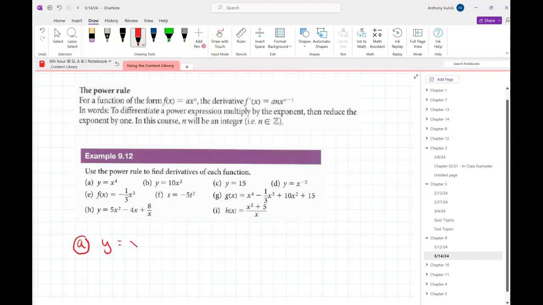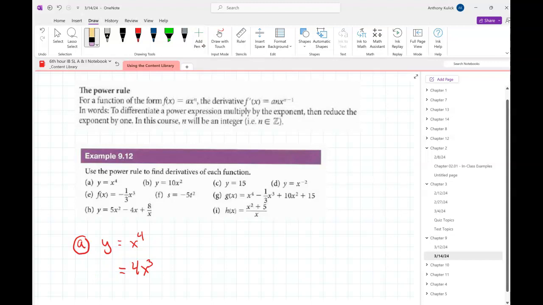We have y equals x to the 4th. How would I write the derivative of y? What am I going to write to represent the derivative of y? So we're going to have equals 4x to the 3rd, but what do I write here in this spot?